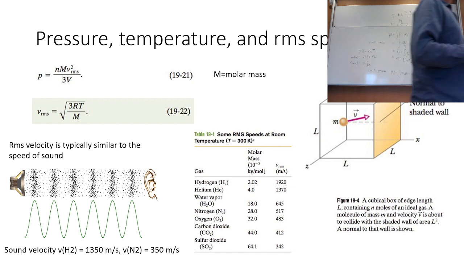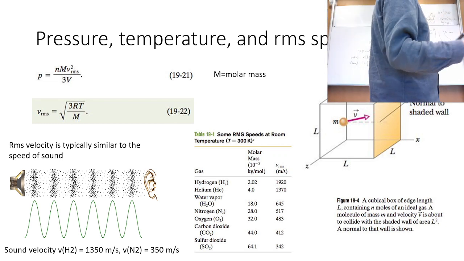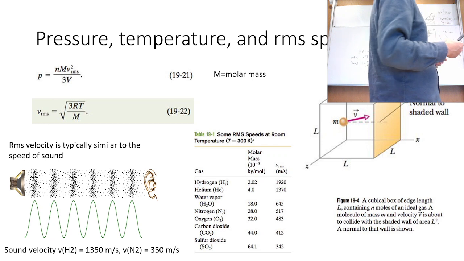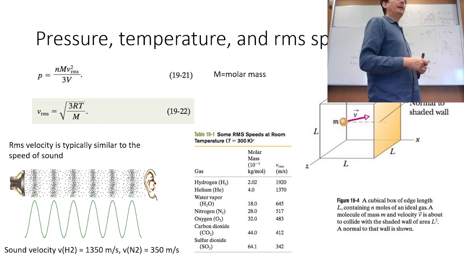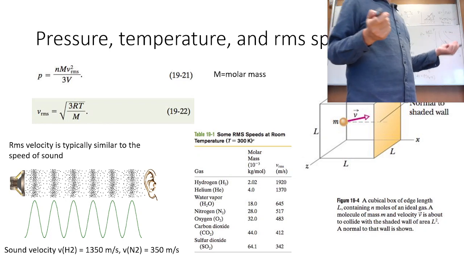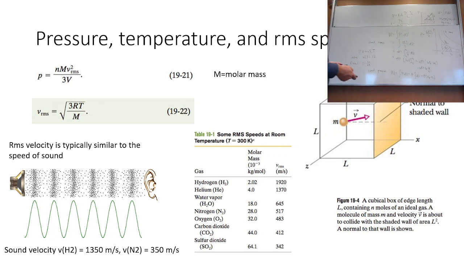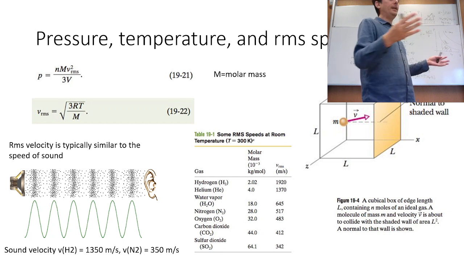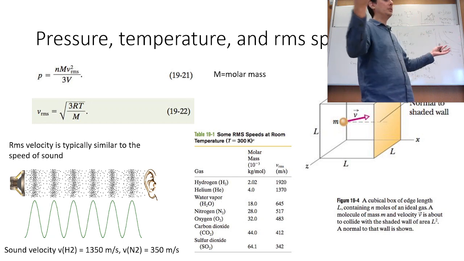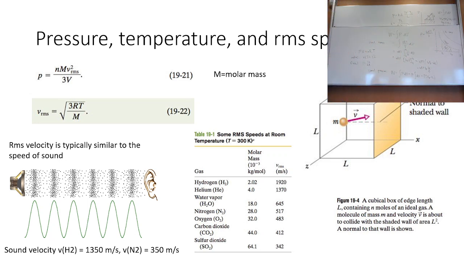This is the first taste of connecting this microscopic theory to the macroscopic theory. What we're going to try to do is actually derive this PV equals nRT relation. Previously, we were just given it as a phenomenological formula, like I was saying, you've got a balloon, you heat it up, it expands.